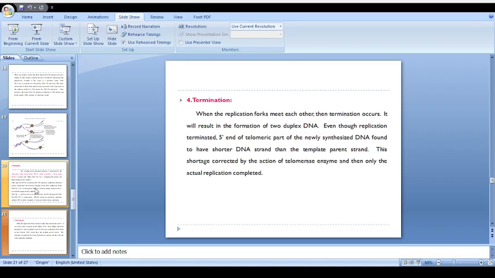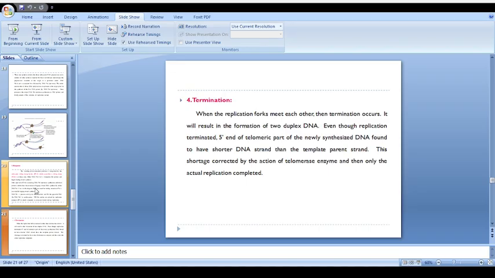In the leading strand it keeps on continuing, whereas in the lagging strand, when it reaches the end of the DNA, that is the tail of the chromosome, the Okazaki fragments will be initiated a few nucleotides prior, but the gap will be there.